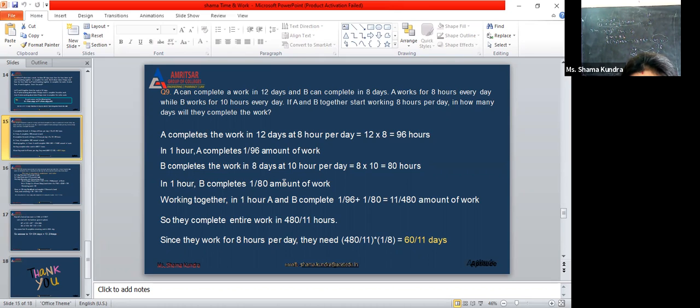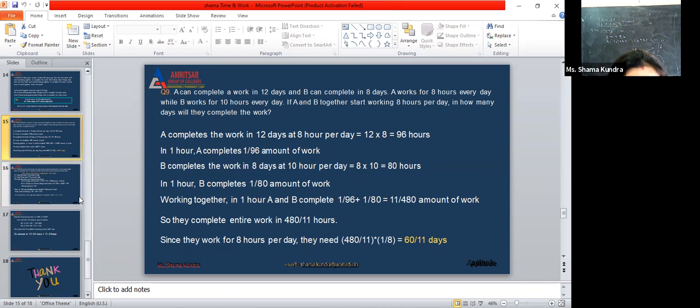It is not that A and B work 24 hours every day. No, they are working only for 8 hours. So we have to divide by 8. When we divide by 8, we get the answer as 60 by 11. So A and B, working 8 hours per day together, will complete the entire work in 60 by 11 days.